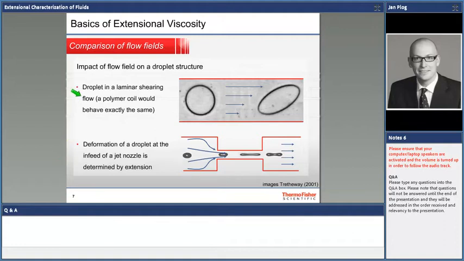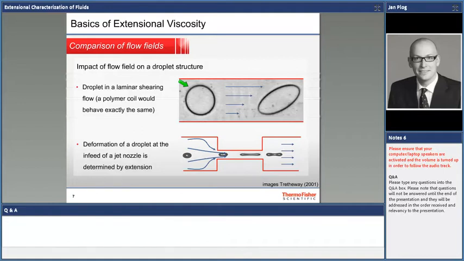Here on this slide, an example of what will happen to your structure in comparison between a shear flow field and a uniaxial extensional flow field. What you see here in the first picture is just a droplet from an emulsion or so in the laminar flow field, but this droplet, this spherical structure, can also just be a model for your polymer coil, of course.